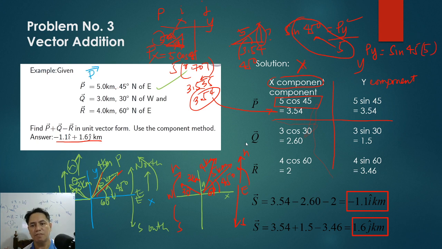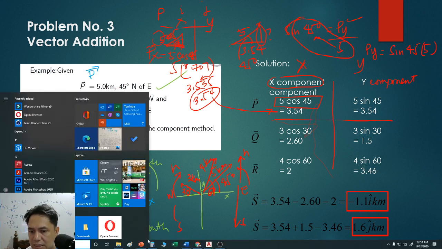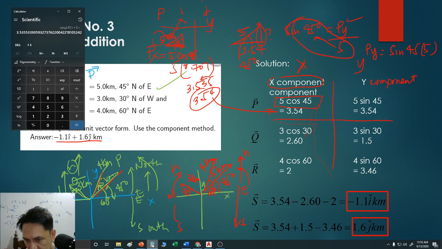So what is sine 45? Let me use the calculator so that everyone can see. Let me clear this first. So 45, sine.